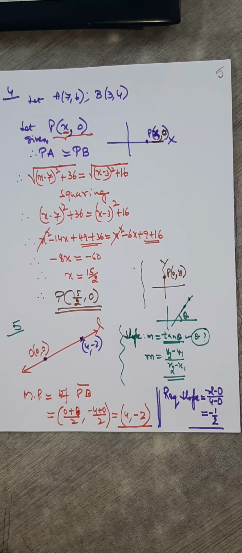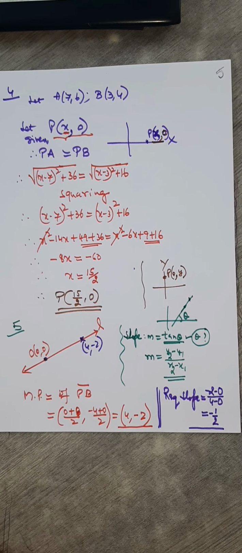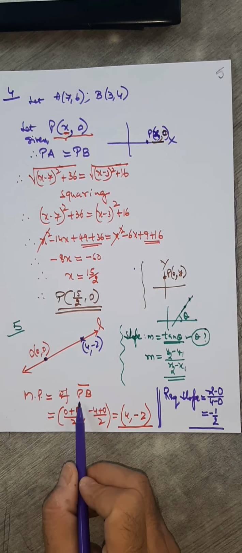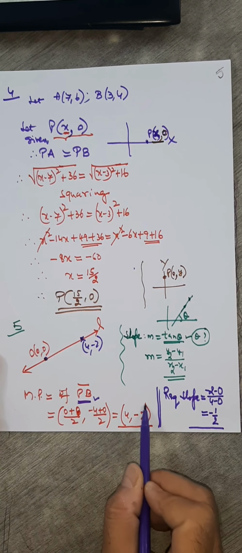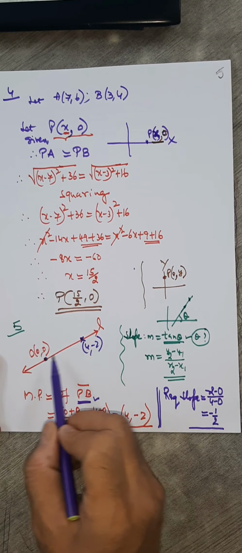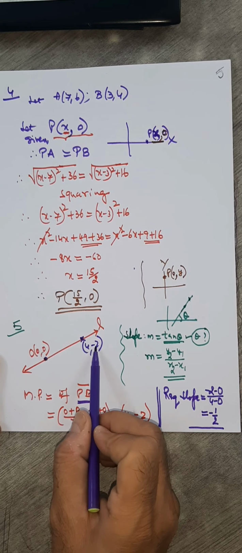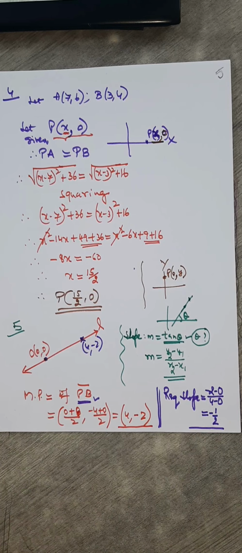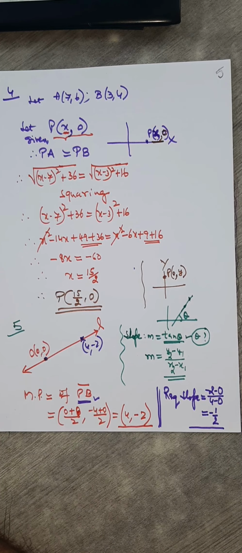I repeat, see what we did. First, 1 point on the line you are given. Which point? Origin. This is already given. The other point on the line was the midpoint of this. So I got the midpoint, that is (4, minus 2), and then we have used which formula? y2 minus y1 upon x2 minus x1. So minus 1 by 2. That's the required slope. Fine.